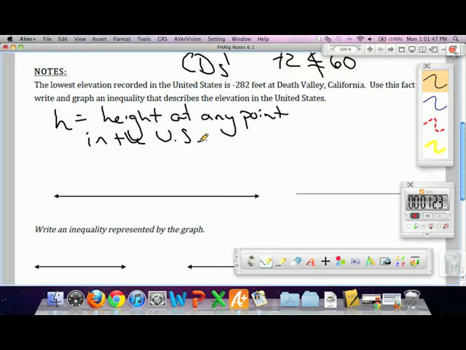I want to write an inequality that relates this height h and an important piece of information from our statement. Is there any particular height that we will always be either above or below, according to our statement here?